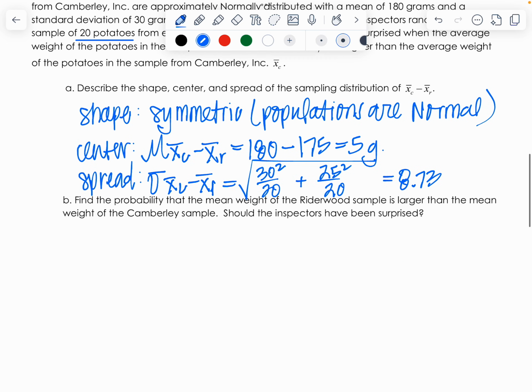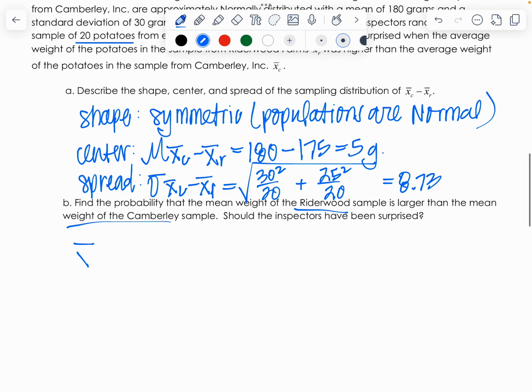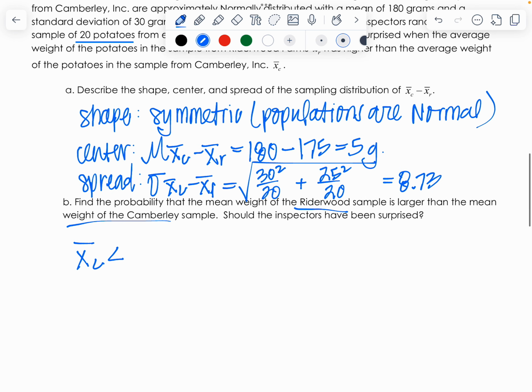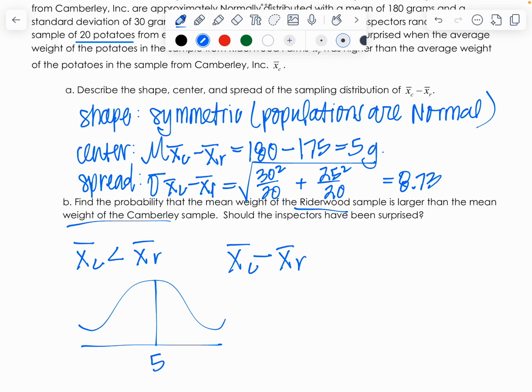All right, find the probability that the mean weight of the Riderwood sample is larger than the mean weight of Camberley. So X bar C is less than X bar R. All right, well, we know this is a normal distribution. We know the center is 5 grams for X bar C minus X bar R. Well, think about it.